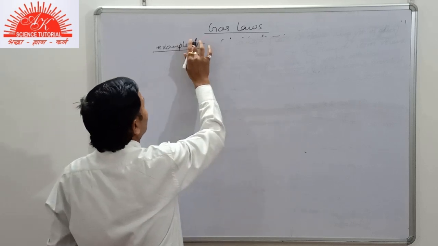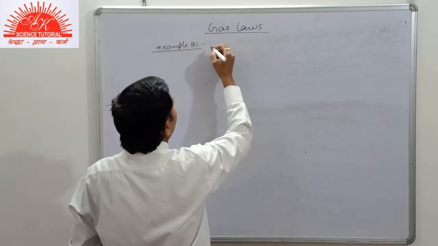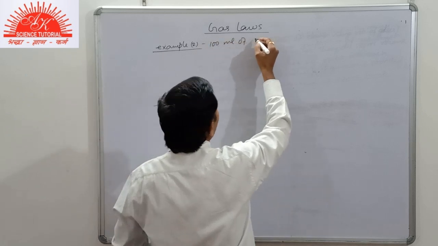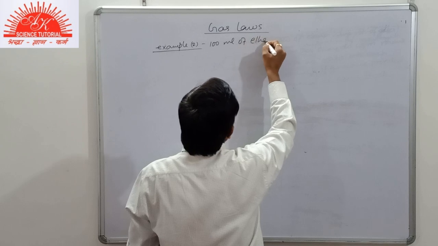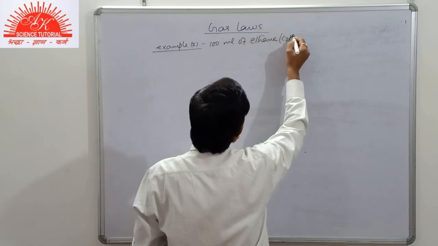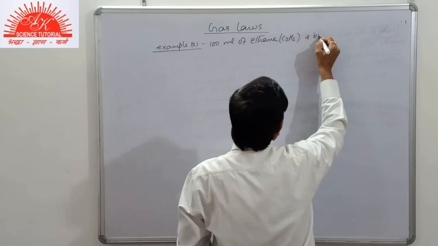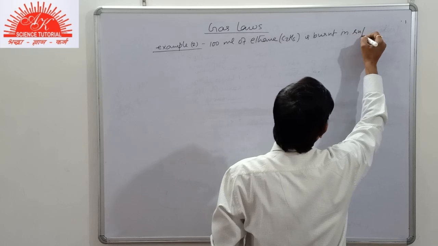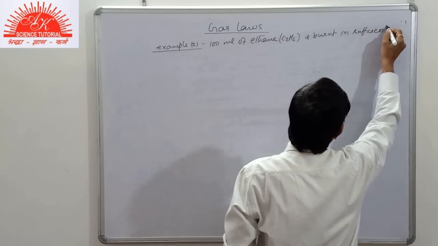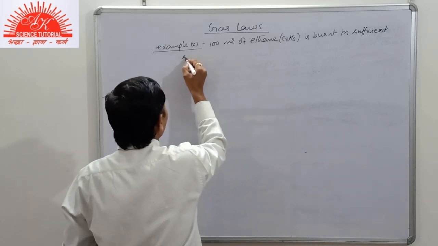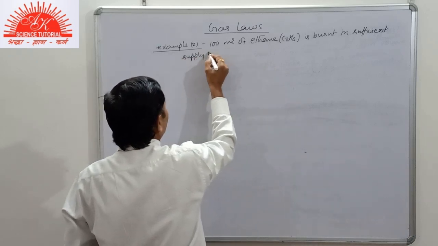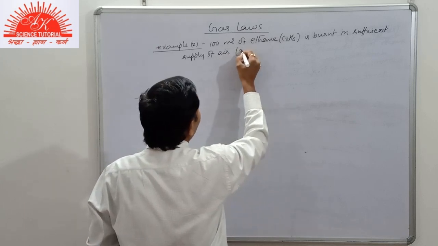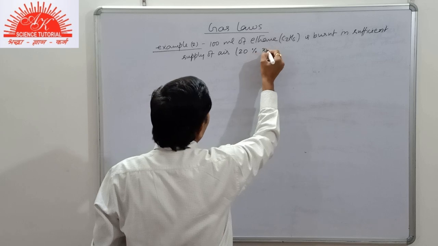Another example. In this case we see that 100 ml of ethane, C2H6, is burnt in sufficient supply of air, and in the bracket it is given that it has only 20% oxygen.